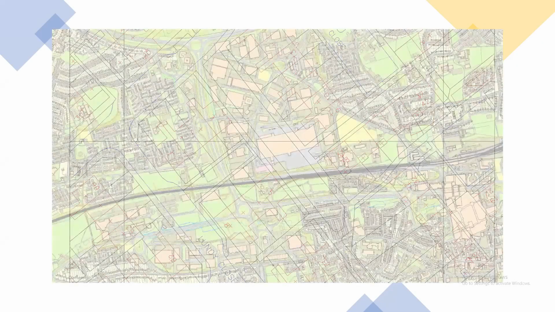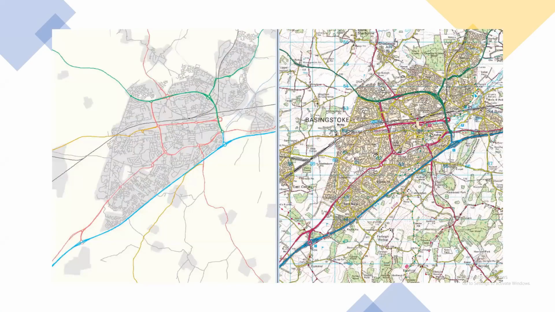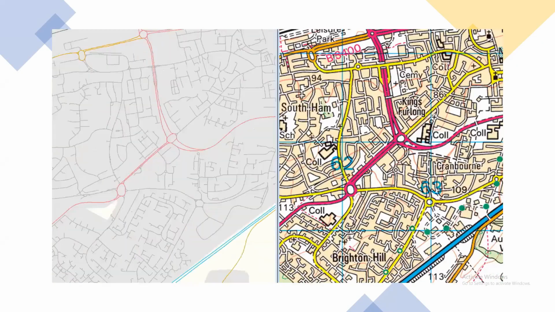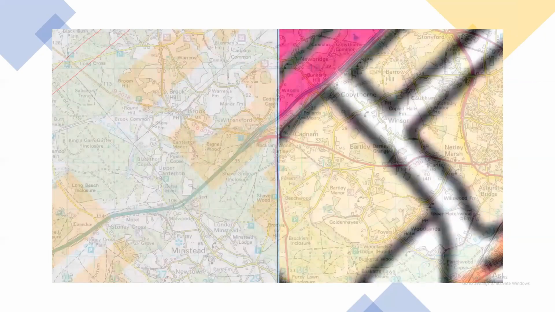A good way to show this is to compare raster and vector datasets side by side and zoom in on them to see how they look. As you can see, the raster data on the right starts out looking more pleasing to the eye, but quickly becomes unusable as it pixelates. The vector data on the left looks okay all the way through. You can just see less and less of it. The most important thing about these two data formats is what you can do with them.